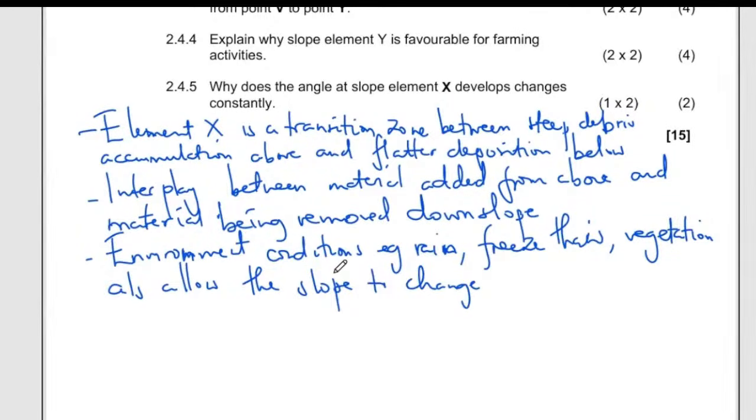Or also vegetation. If there is vegetation, it can stabilize the angle of the slope, but if it's removed, then there will be more erosion taking place, and ultimately the material eroded is going to change the nature of the slope of that part. That is why we say that element develops changes constantly. It does not remain stable, but it rather changes.